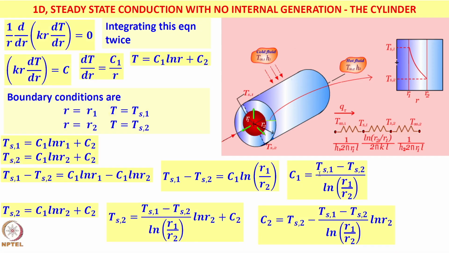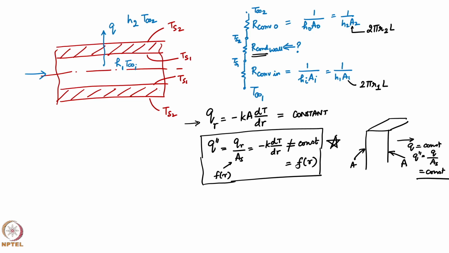So, the next slide, we are now just going to integrate this to get whatever we need, and I will just show that to you in the differential equation. 1 by r d by dr of r dT by dr equal to 0. So, integrate this.